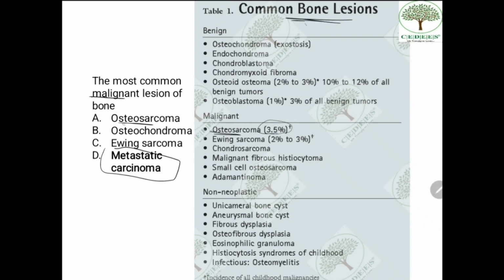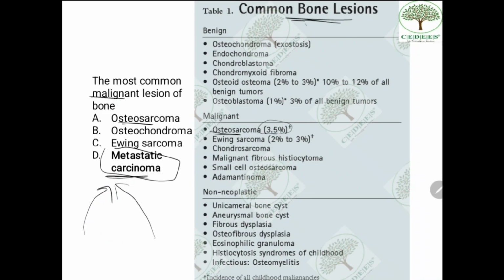So they have only spoken about bone lesions. But if they've asked the most common malignant lesion, then the most common one is a metastatic carcinoma, meaning the cancer has arisen in some other organ and there is metastasis or spread from another organ into the bone. So that is the most common malignancy of bone.